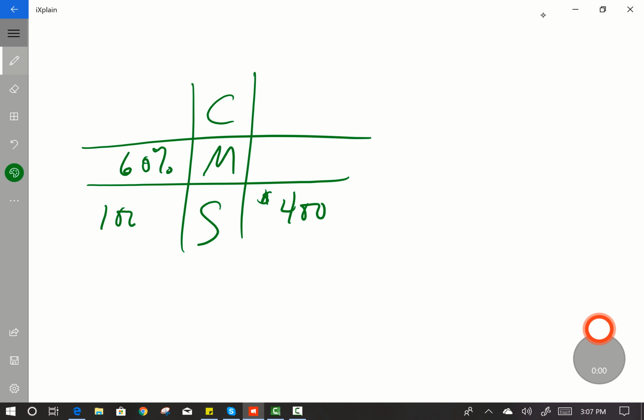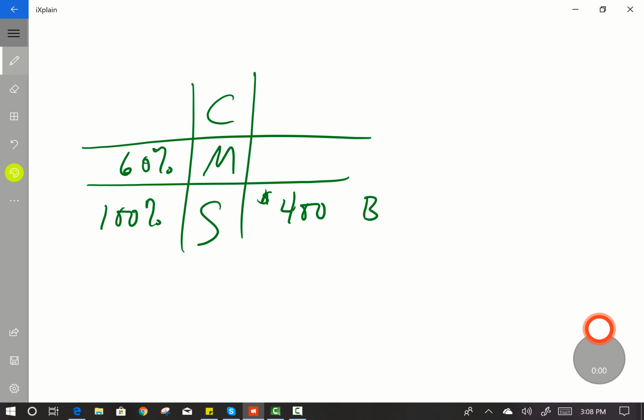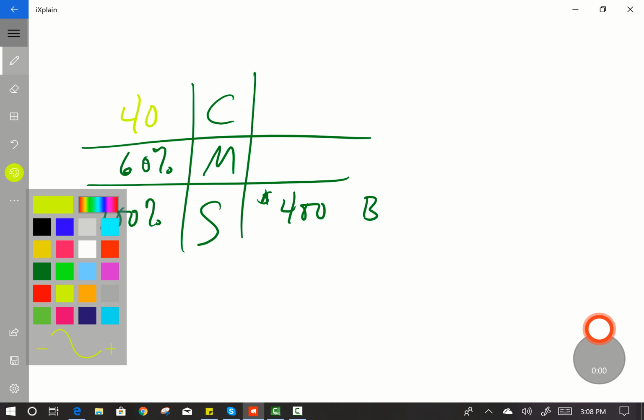So selling price is 100%, which makes selling price the base. We're going to go to the first place that we can add or take the difference. The difference between 60 and 100 is 40%. Let me try a better color.